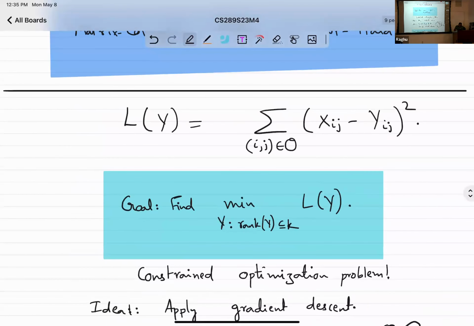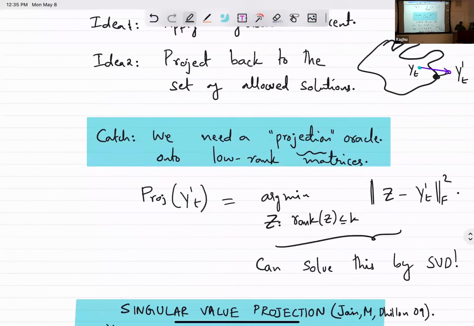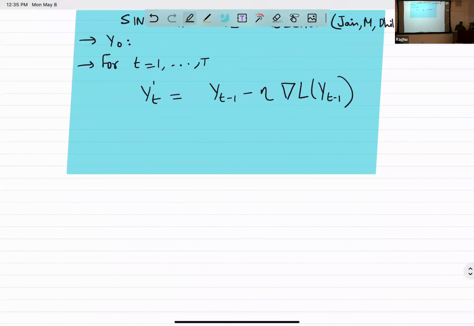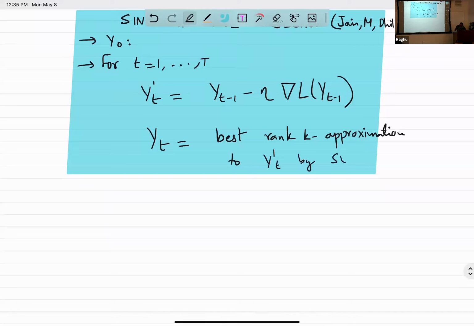I have a function here, and this is a nice convex function. You have square loss, which is convex. The loss function is convex. It's only the constraint set which is non-convex. So you take the gradient with respect to this, and then you compute the best rank k approximation to y prime t by SVD.